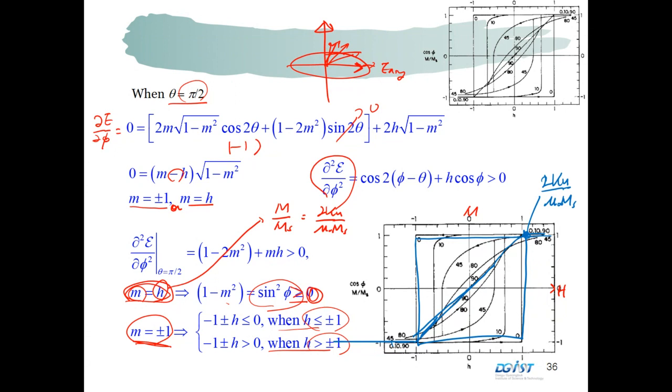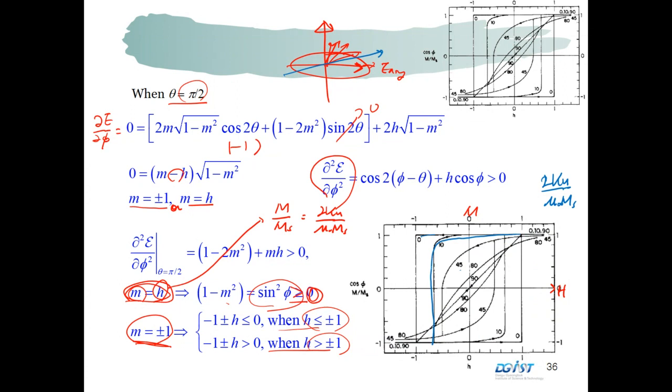Okay. And how about the other angles, like 10 or 45 or 80? Yeah, you can easily imagine such behavior. The angle 10 degree means the field is applied just a little bit off from the z-axis. So they should behave like the z-axis, but with a small difference.